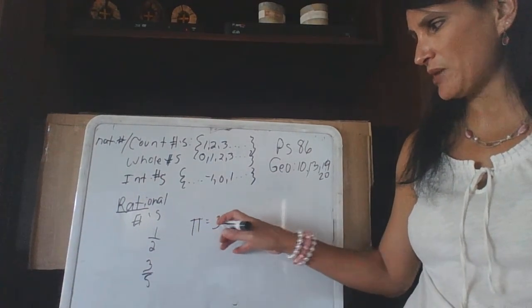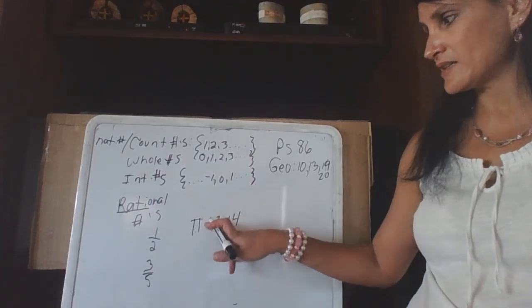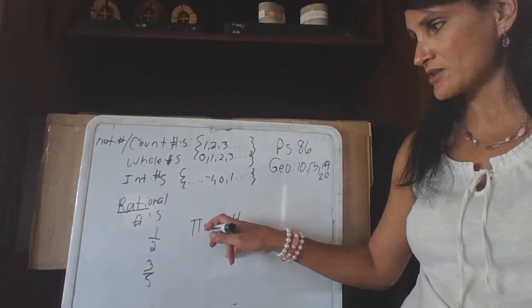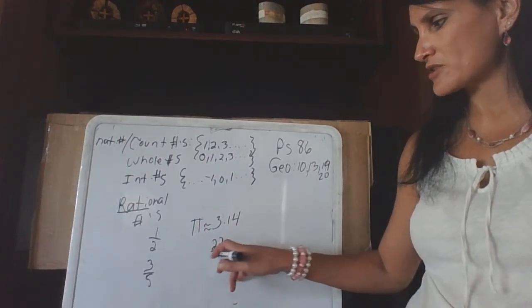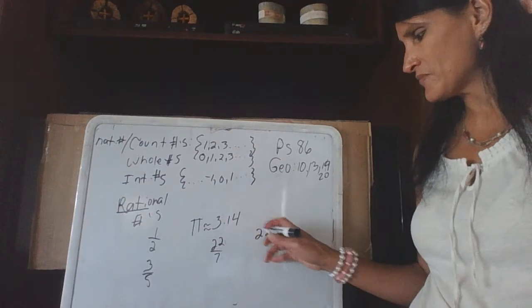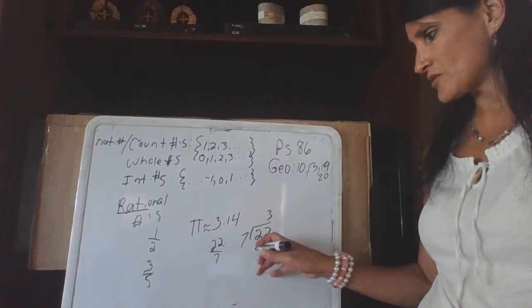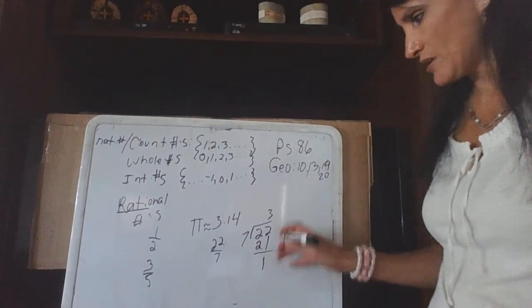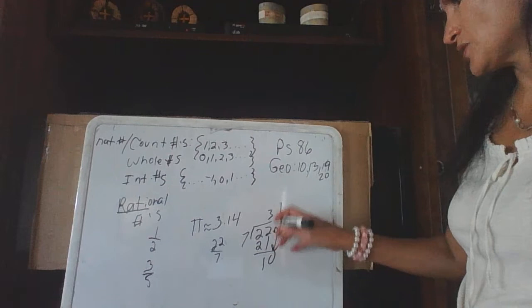Now we learned that pi equals 3.14, but remember that actually it doesn't equal it, it's about 3.14, because if we take 22 over 7 and we divide it, remember that these are about equal. We're going to divide 22 by 7 and put the decimal point here.